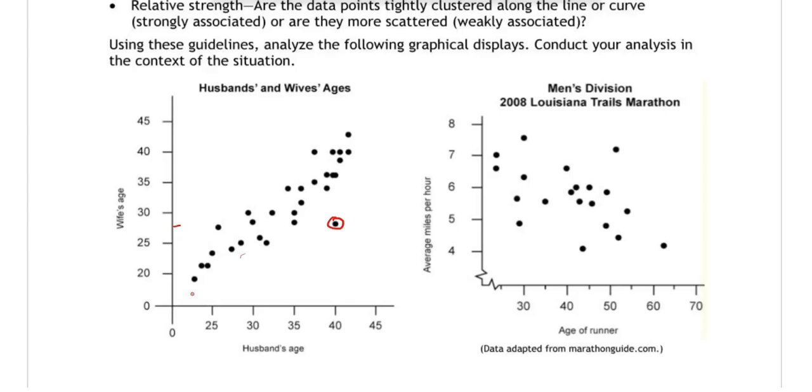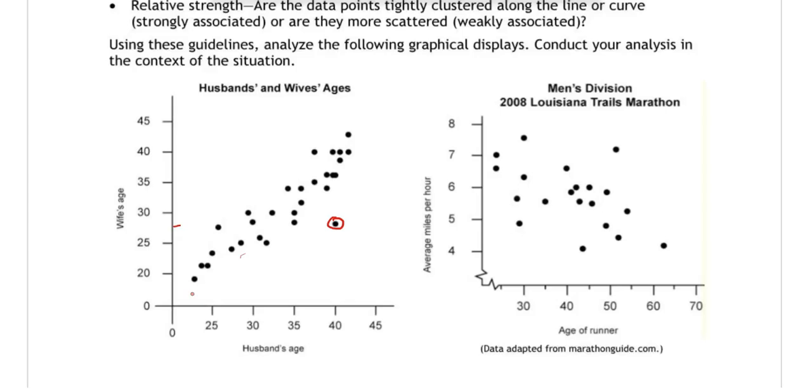And then if we look at this next one, age of runner. As my age increases here, our average miles per hour are actually decreasing. And this is talking about how fast somebody is going. As somebody is getting older, does it make sense that they would get faster? It makes sense that they'd get faster if you're comparing a 2-year-old to a 16-year-old, but I don't know, some toddlers can be pretty fast.